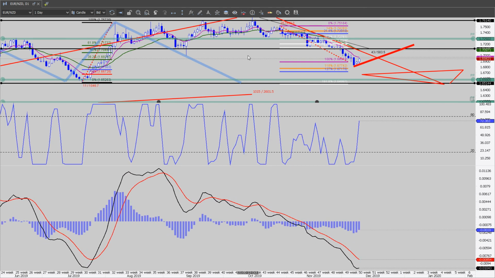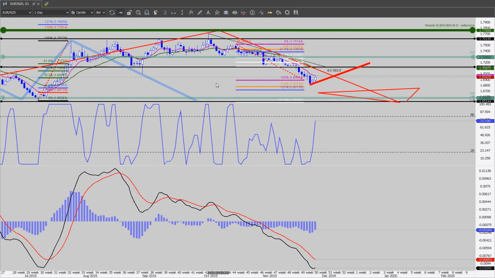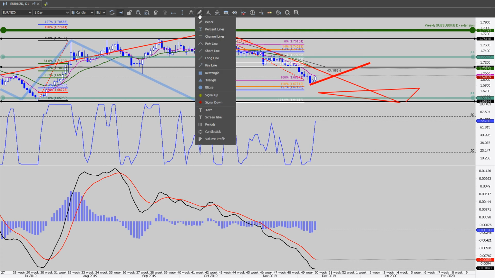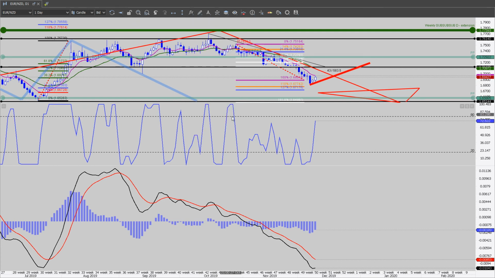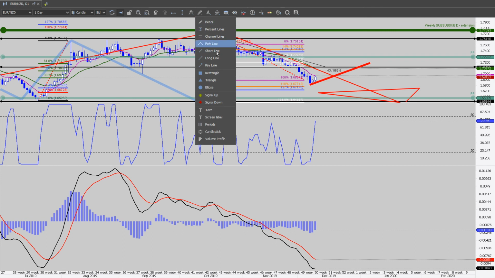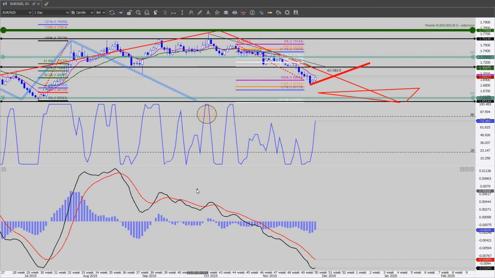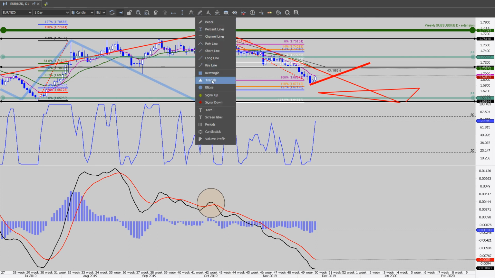Okay, and the chart. So entry, where was the entry? And the indicators. This was an entry here, Stochastic, entry number 1, and it was together with the MACD, and it was together with the bearish candlestick formation.